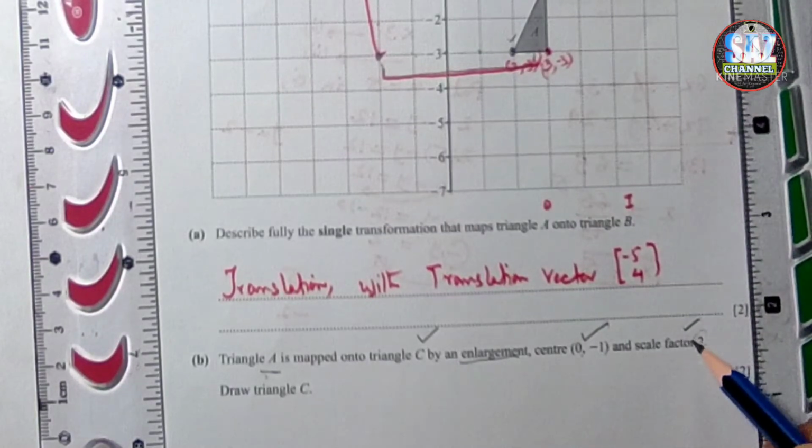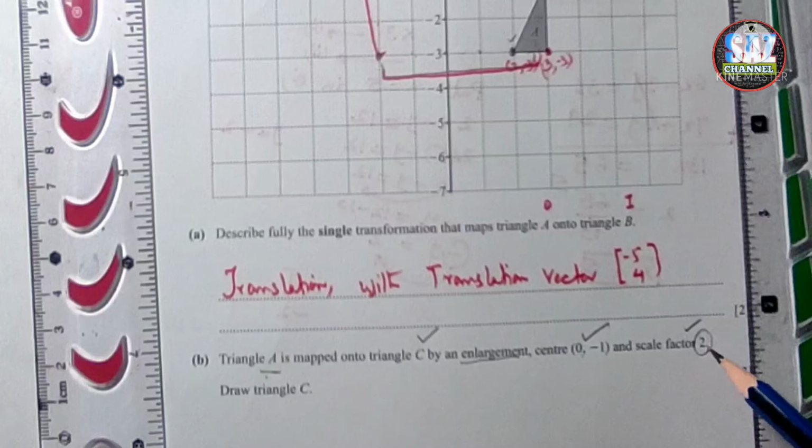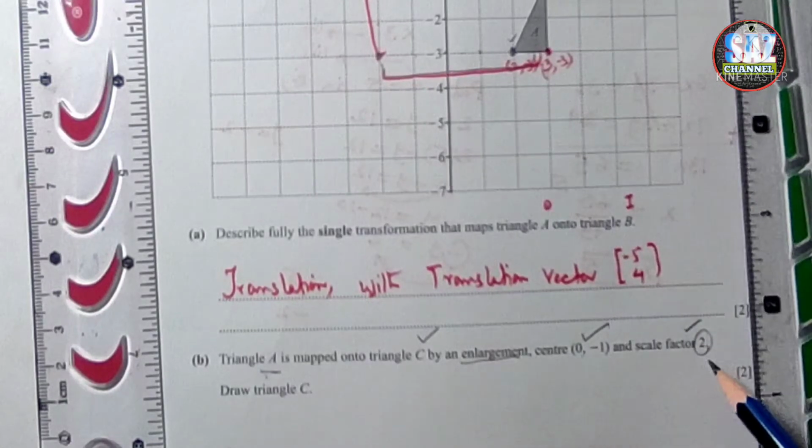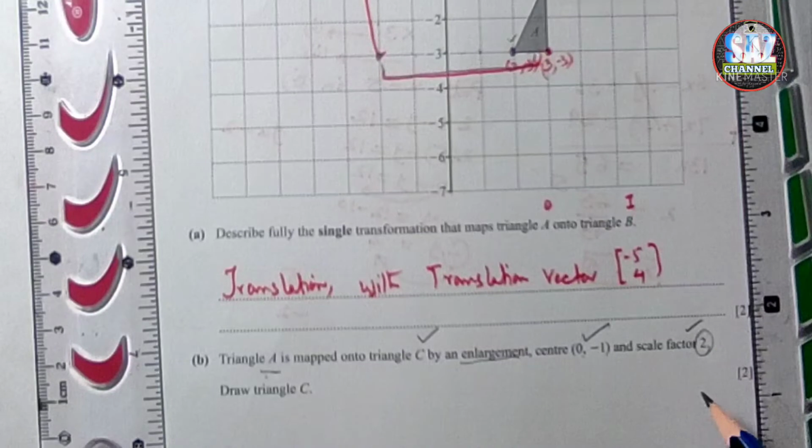One thing is that the scale factor is positive, so the object and image will be on the same side of the center of enlargement, and the image will not change the orientation, it will not be an inverted image.